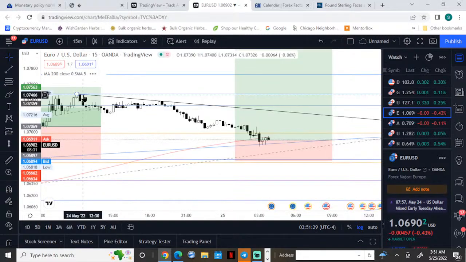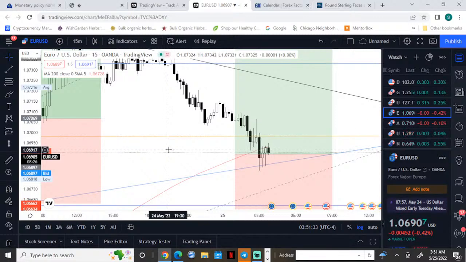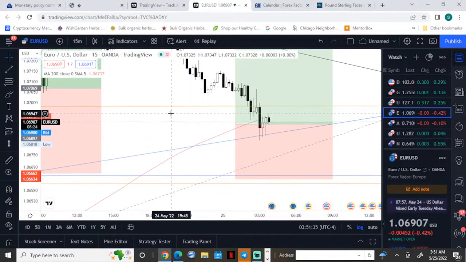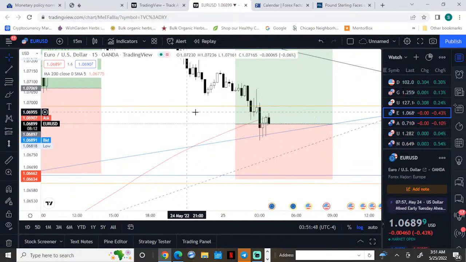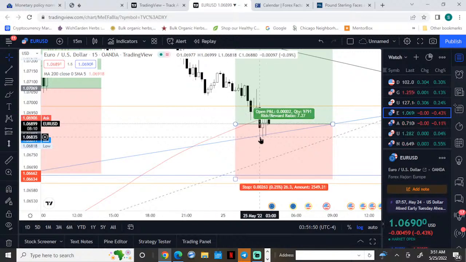I will wait for confirmation to get in here. If you get 3 white soldiers, you got 1 rejection candle, 2 rejection, 3 rejection candle.